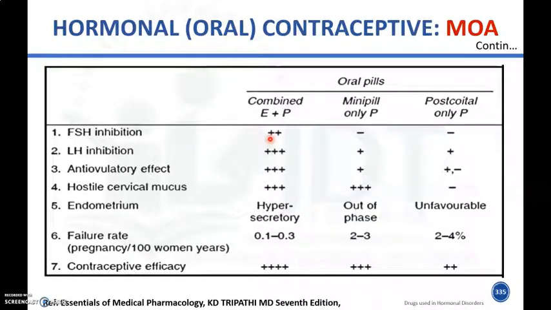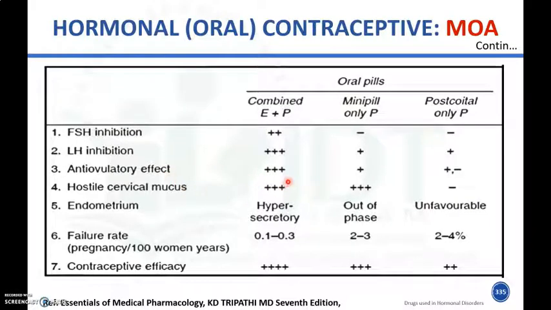Now, while comparing the effect of the combined pill, mini pills and postcoital pills, we can find that the inhibition of FSH is more in the combined pill when compared with the mini pills and postcoital pill. Inhibition of luteinizing hormone secretion is also more in the combined pill when compared with the mini pills.